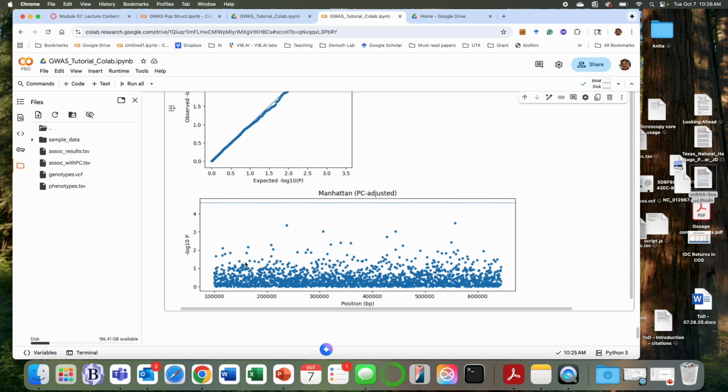So just a demonstration of what happens if you have confounding variables. And the biggest one is typically population structure of some kind, where there's just an artificial association between allele frequencies and whatever your trait is.